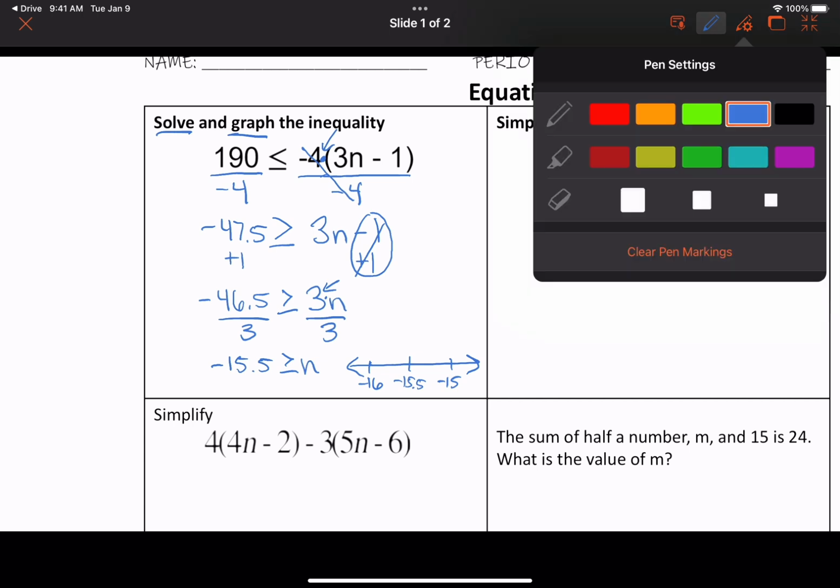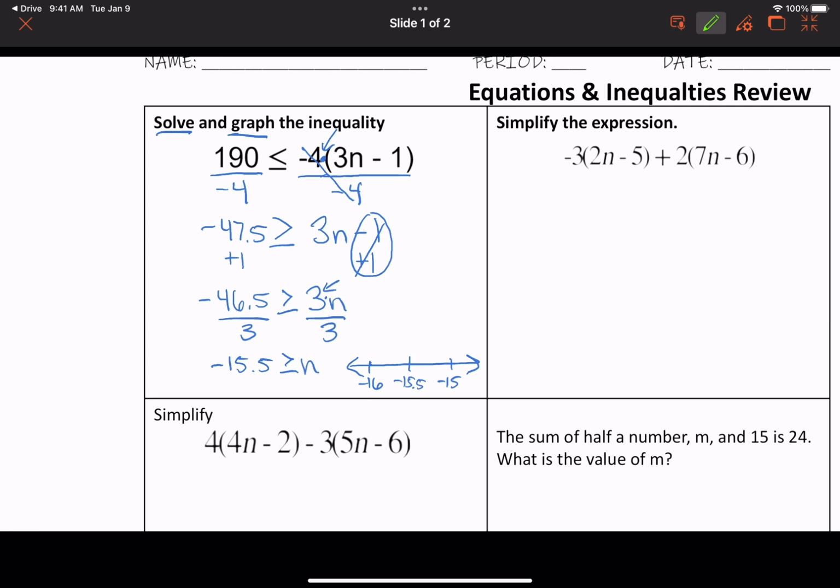On my graph, in this case, I need a pen. There we go. My -15.5 is included because we have the equal to sign. And I'm looking at n here, and I'm asking myself, is n the smaller number or is n the bigger number? And because of the arrow, this little smaller part pointing toward n means n is smaller.